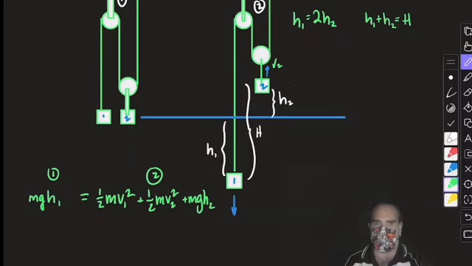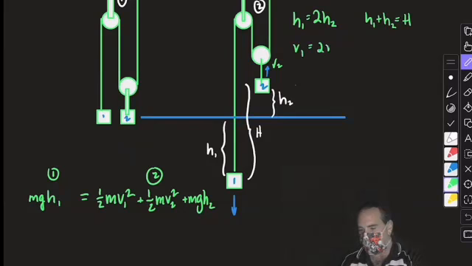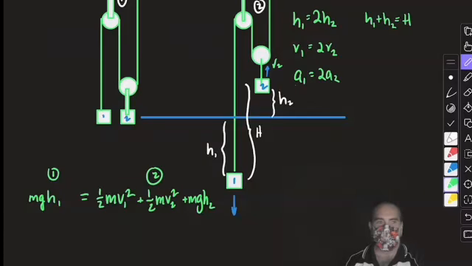But this statement has more implications. If H1 equals 2 times H2, then V1 equals 2 times V2. That has to be true as well. In fact, if you needed it, and I would encourage you to consider why I would say this, A1 would have to equal 2 times A2.